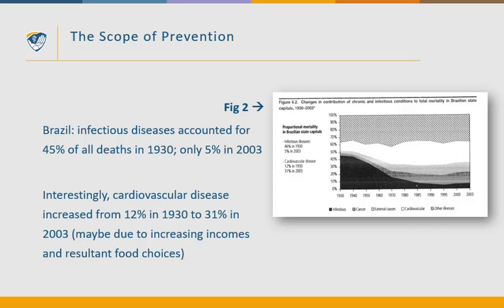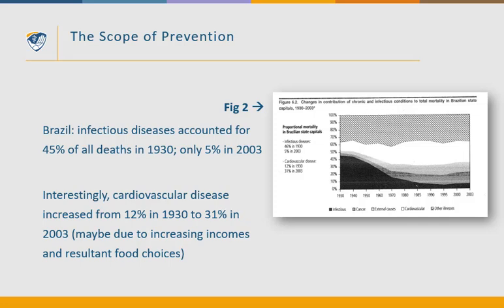Looking at Brazil here, infectious diseases accounted for 45% of all deaths in 1930, only 5% in 2003. So kind of showing a similar thing as the prior slide, a decrease over time. But what happens sometimes is we get improvements in one area, but other areas, something's got to get you, right?